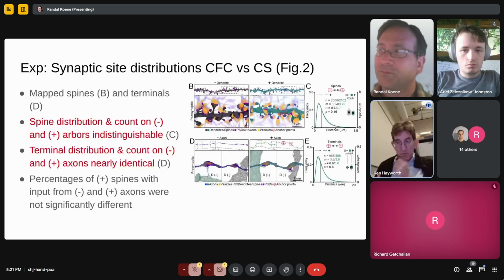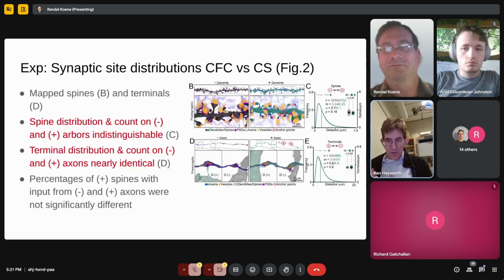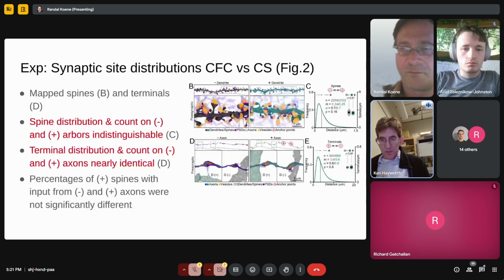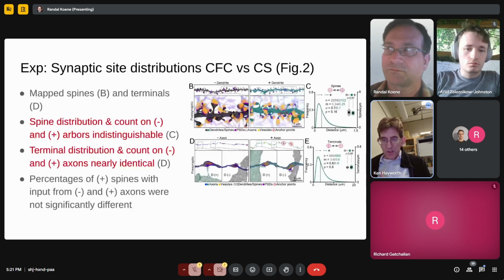Okay, so one reason why I'm slowing you down on this one, I'm sorry again, is because I'm trying to compare this directly with, I think, one that you'll talk about later, this Choi et al. paper 2018 or something that used an eGRASP technique, but it counted the number. It had the ability to count synapses.